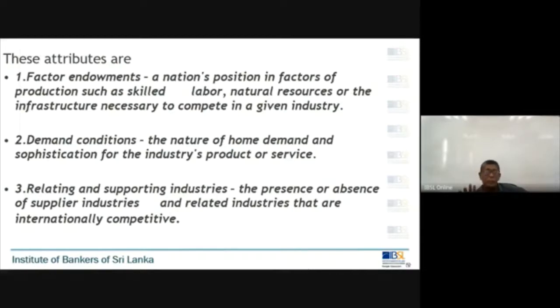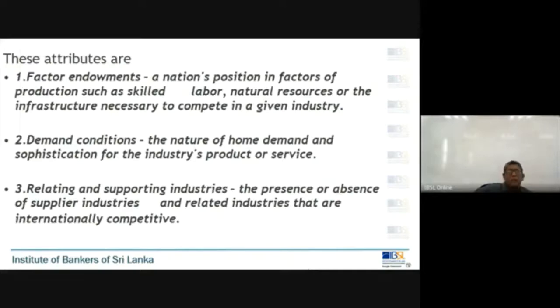The natural resources are another factor we need to consider. One factor is India has a huge area. We have a small area. Right? Some countries have natural gas. So they are good at something.